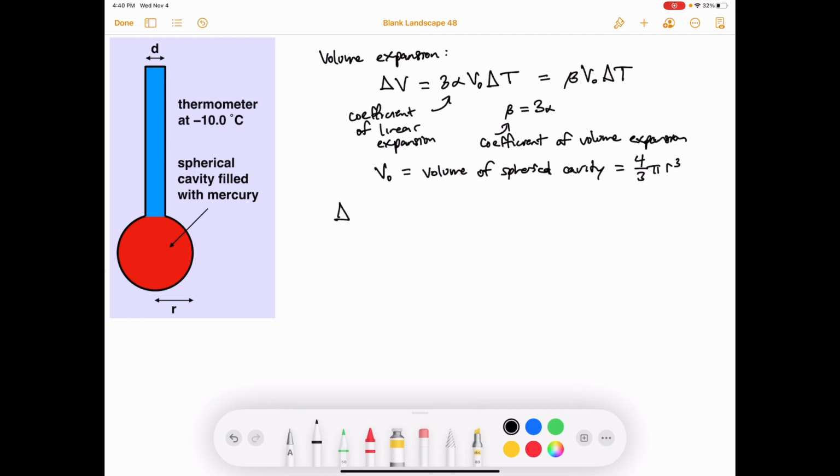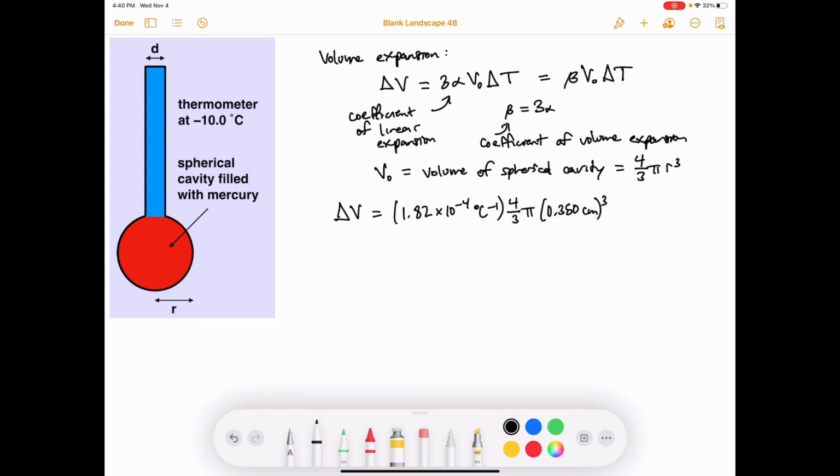So delta V, the change in volume that the mercury undergoes if its temperature changes, is going to be given by beta, which is 1.82 times 10 to the minus 4 inverse degrees Celsius. And then V naught, that's the initial volume when the mercury is only in the spherical cavity. That's 4/3 pi times the radius, which we were given as 0.350 centimeters. And we'll cube that.